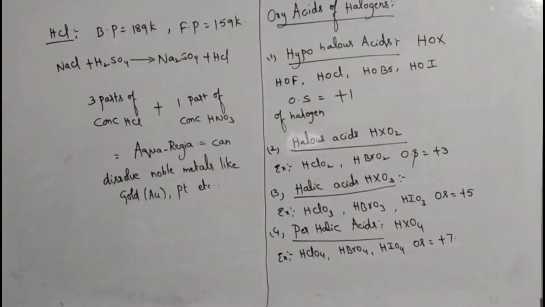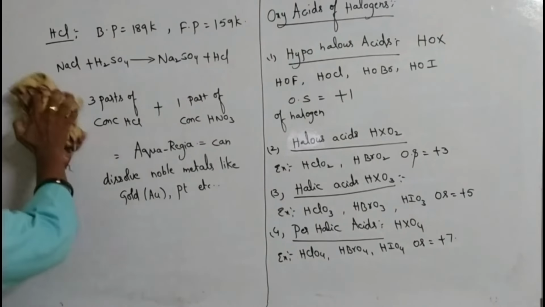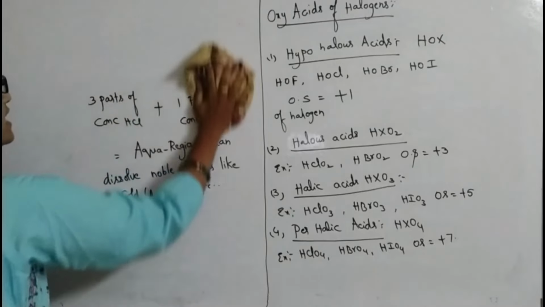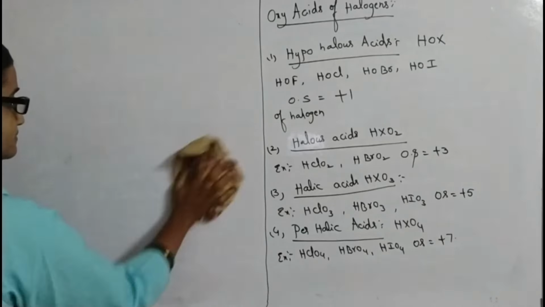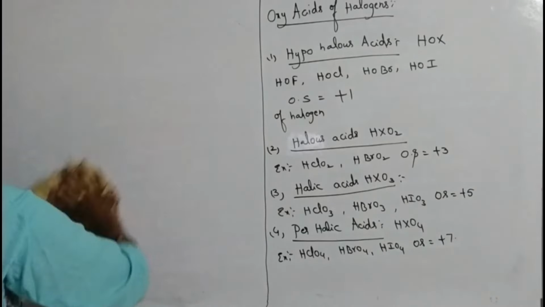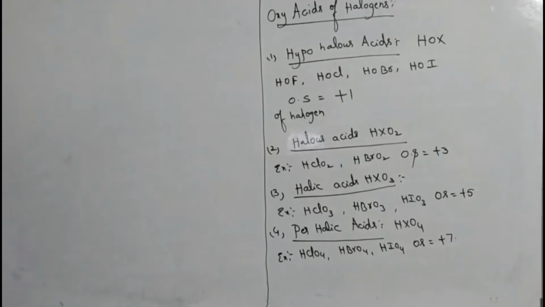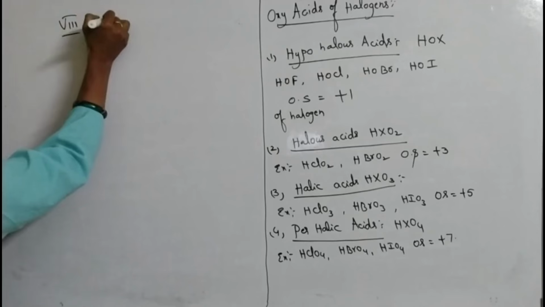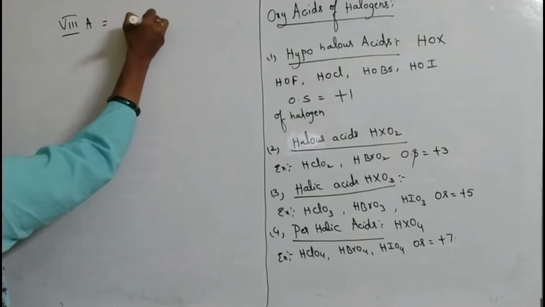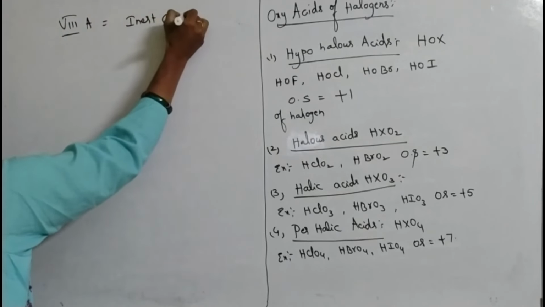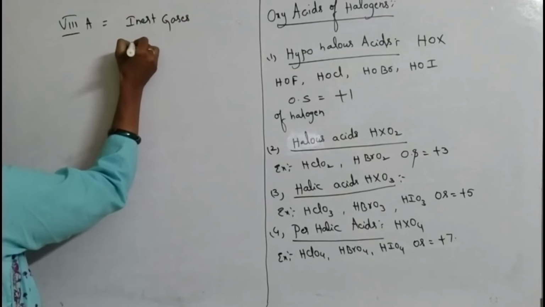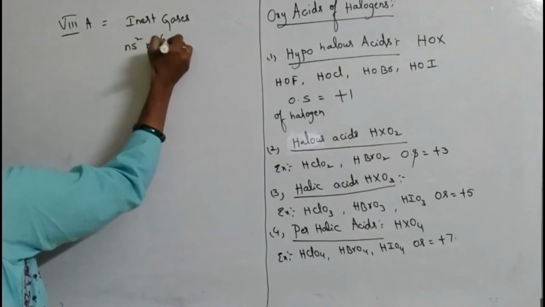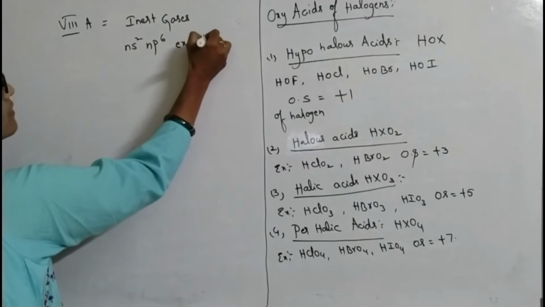Finally we move on to 8A group elements, which are called inert gases. They have the general configuration ns2 np6, except for helium.